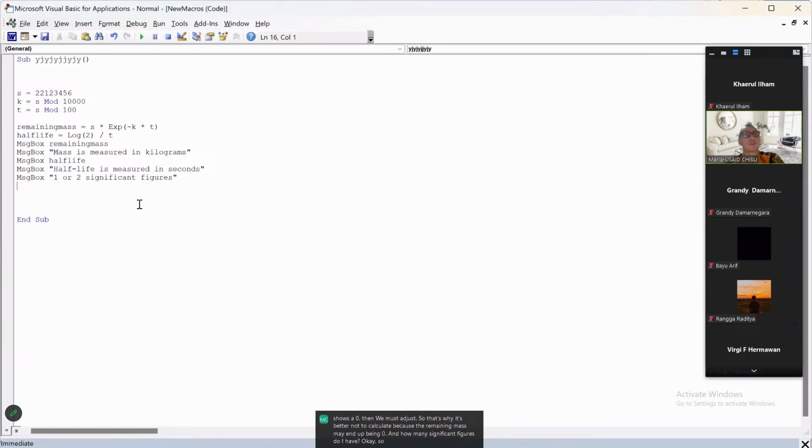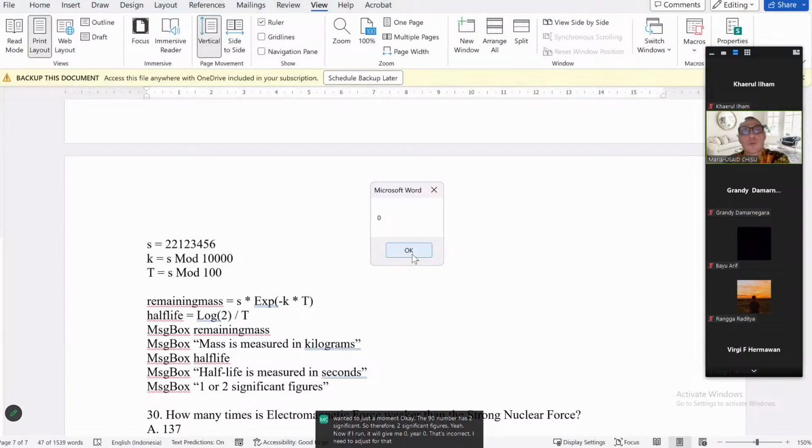Okay, my T number has 2 significant figures, so therefore 2 significant figures, yeah? Now, if I run, it will give me 0. That's incorrect, I need to adjust for that. So remaining mass is not 0 kilograms, it's more than 0, yeah?